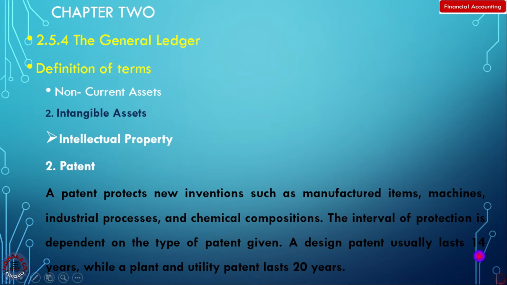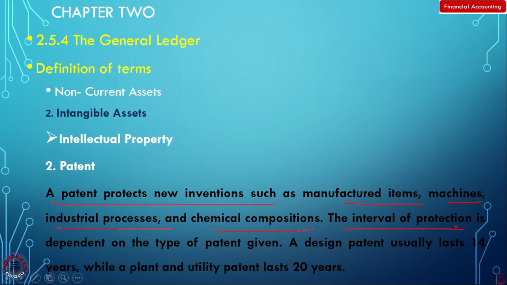So what do you mean again by patent? When we talk about patent, we are saying that a patent protects new inventions such as manufactured items, machines, industrial processes, chemical composition.